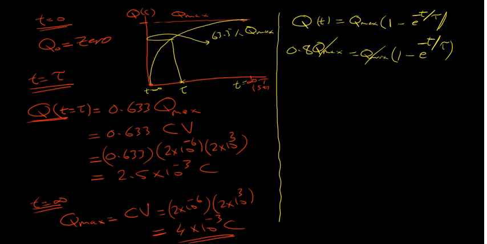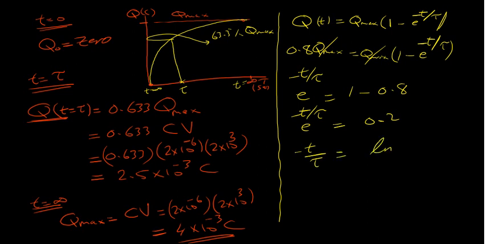Q max with Q max will cancel each other. Just quickly rearrange them in the formula, and that will be 1 minus 0.8, which gives me 0.2 equals exponential minus t over tau. I'll take the ln, and that will give me minus t over tau equals ln 0.2, and we're looking for the time.